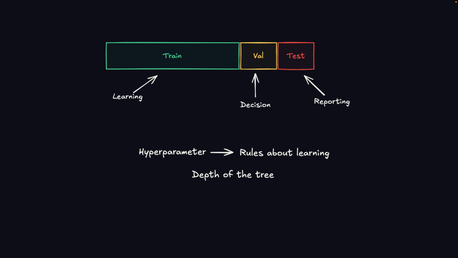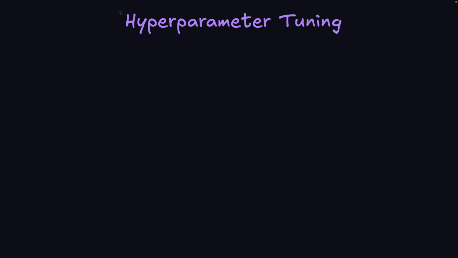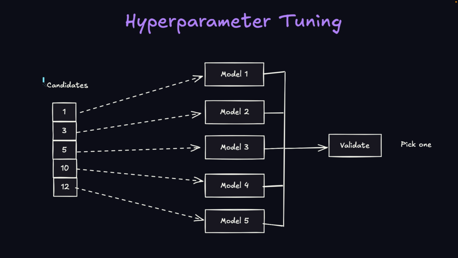And we normally set hyperparameters because having them is going to benefit the learning in a positive way. But we will not know what is the right hyperparameter to use. That is where hyperparameter tuning comes into the picture. Hyperparameter tuning is basically finding the right hyperparameter for the task at hand in a systematic and evidence-based way. The way we do that is by first choosing candidate values.